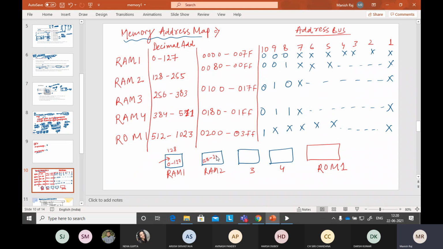Then I start from 128, add 128 again, and go to 255. Then I can start from 256 to 383. Here I can go from 384 to 511. Okay, 511. So here you can use 0 to 512 bytes. Last 512 size you can store in the ROM.